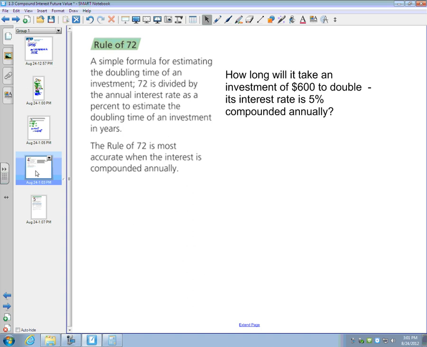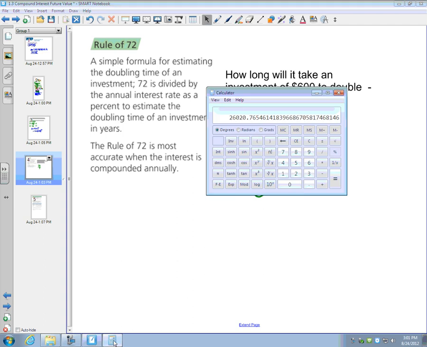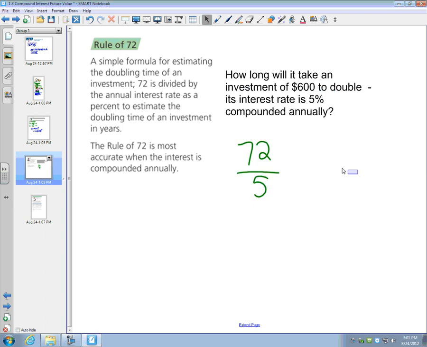So just a quick example, how long will it take an investment of $600 to double at an interest rate of 5%? So what we do is we take 72 and we divide it by the annual interest rate. So 72 divided by 5, take out our calculator. 72 divided by 5, 14.4, so it'll take about 15 years.